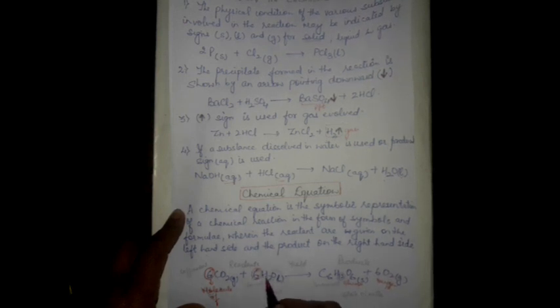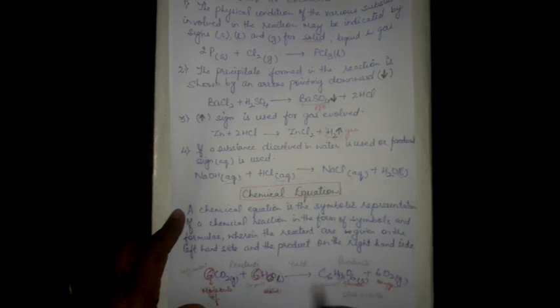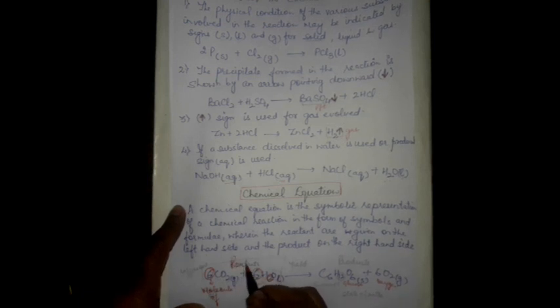But here in H2, the 2 is atoms. What do we use? 2 atoms of hydrogen and 6 molecules of water. It yields glucose and oxygen. Now CO2 and H2O, when they react, are known as reactants.